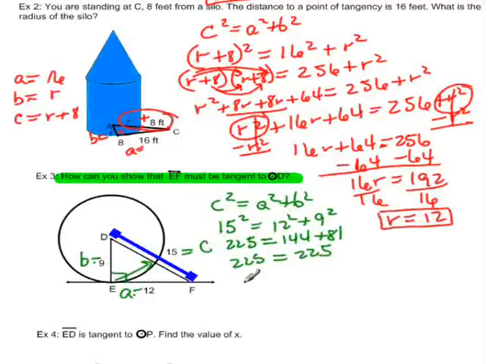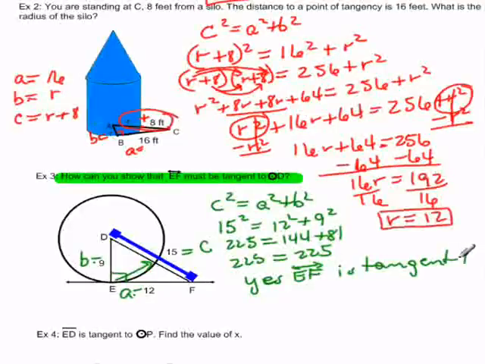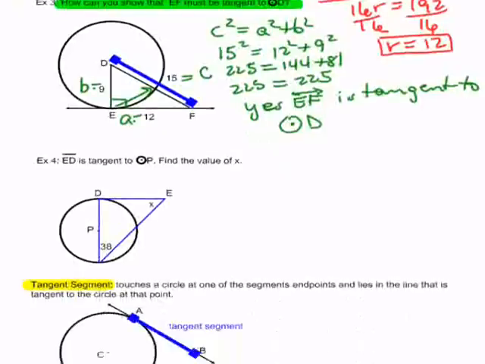So since 225 is equal to 225, then yes, EF is tangent to circle D. Okay, now let's go to the next example.